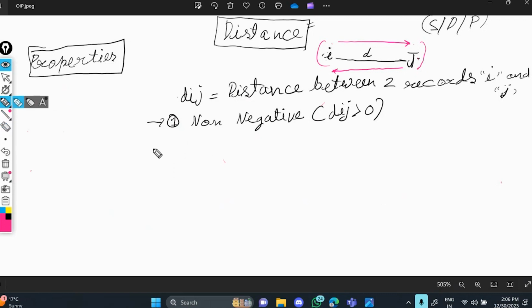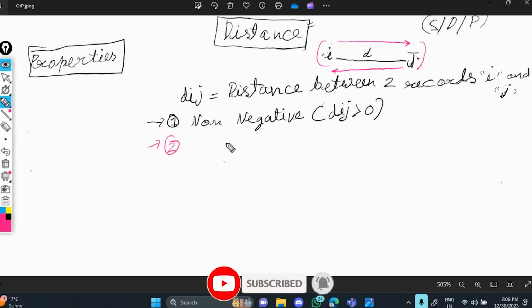So the first one is non-negative, and the second one is dii equals 0. Now I have told you that if we are talking about two different points or two different records, they have some distance.